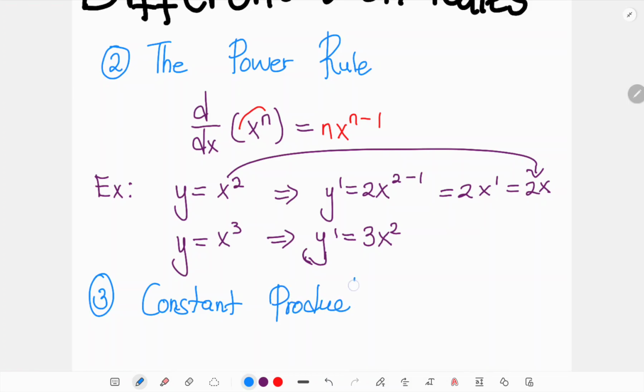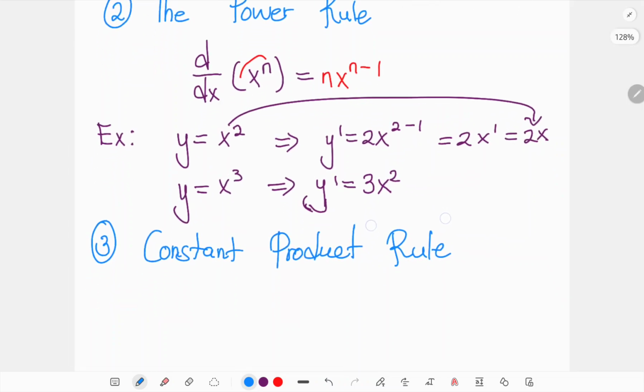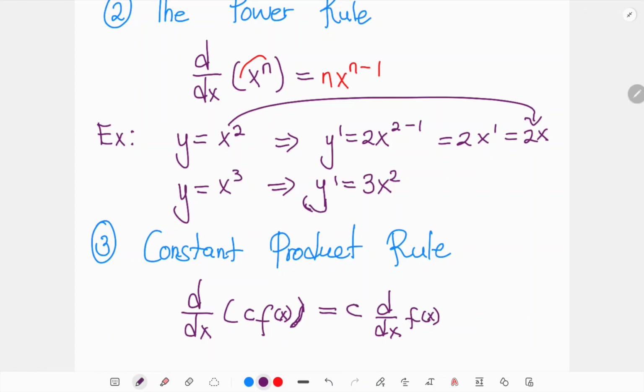With this one, you have d over dx of c times a function, maybe f of x, where c is a constant. What you do in this case is you leave the constant untouched, and you derive the function.